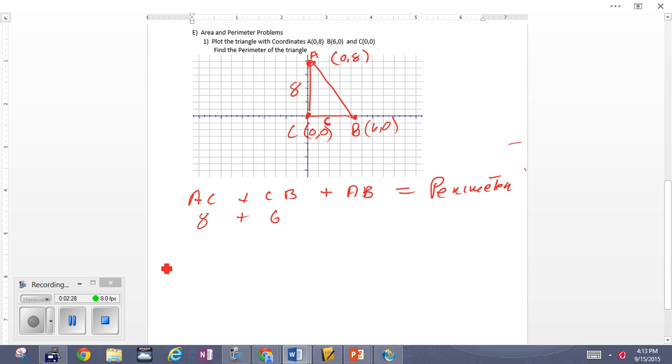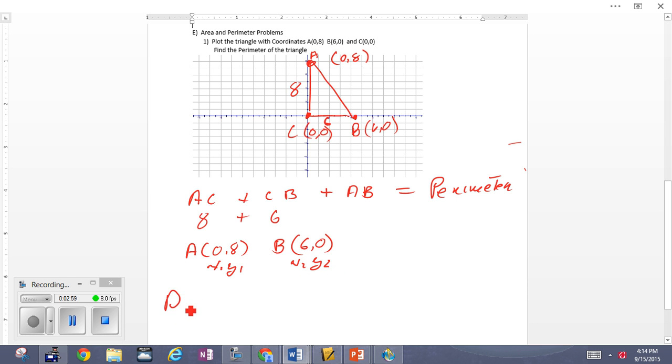And then here we come with the AB distance formula, okay? So we call A, again, which is at 0, 8, and B, which is at 6, 0, and again, remember that this is going to be x1, this is going to be y1, this is going to be x2, this is going to be y2. We're going to write down our distance formula.